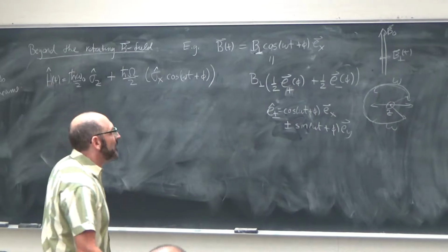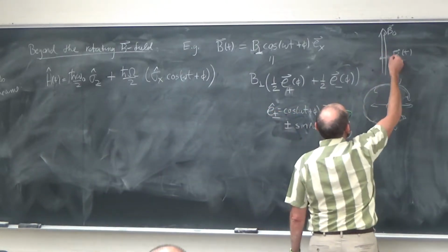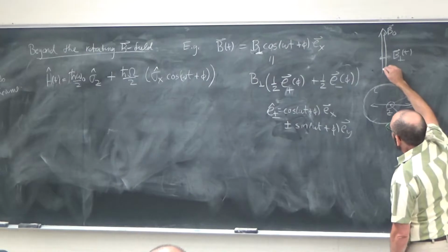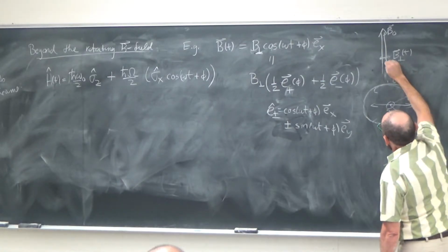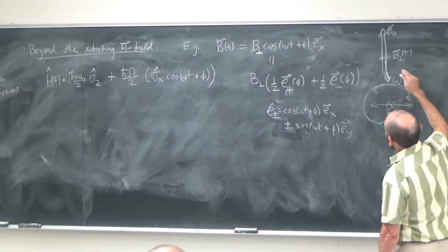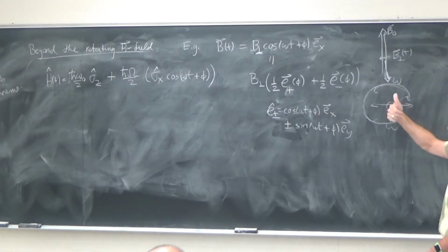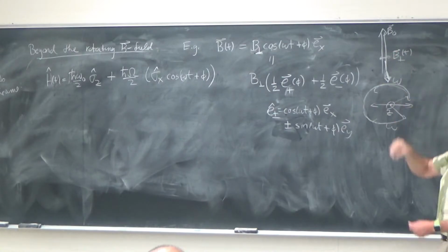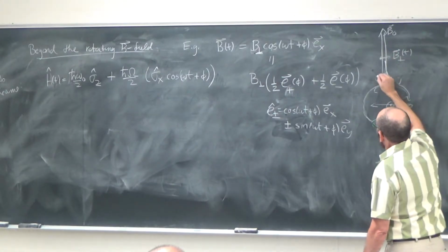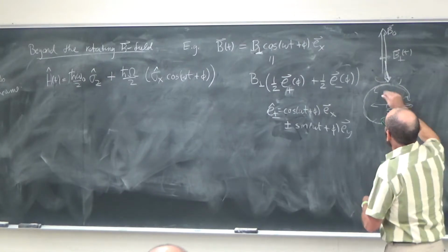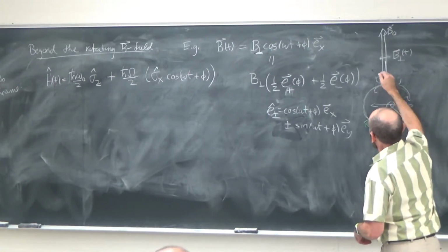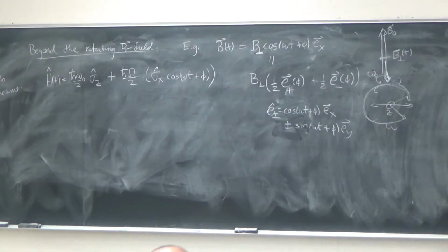Now, let's think about what's going on relative to the spin. The spin, in the absence of the transverse magnetic field, wants to precess around the static magnetic field by the right-hand rule, going around at frequency omega naught. There is a co-rotating component of this field which is rotating in the same direction as the free Larmor precession.